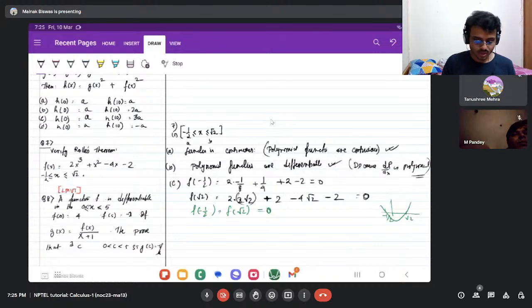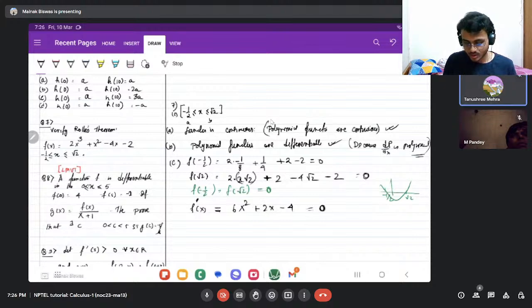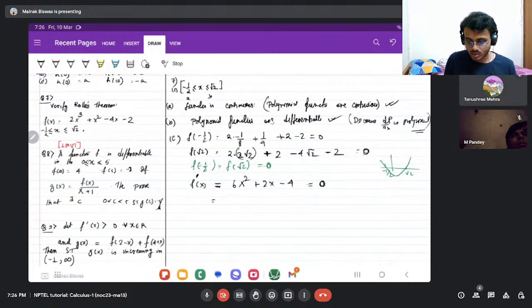Yes. So what is the derivative of f? F dash x is 6x square plus 2x minus 4, right? Yes, sir. Is equal to 0. This is what you need to set, f dash x equal to 0, and solve for c. So put c, and you'll get 3c square plus c minus 2 equal to 0.